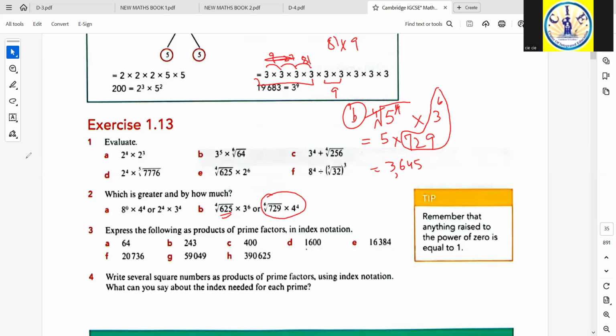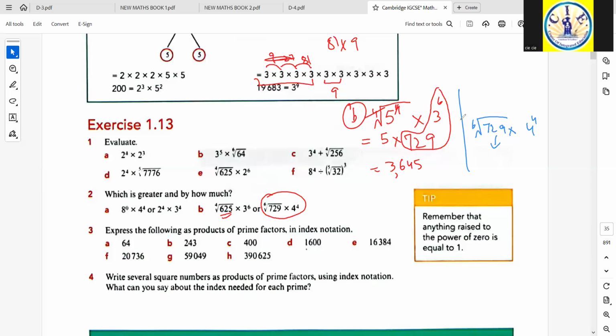So I'm going to solve it here. 729, 6th root, times 4 raised to power 4.